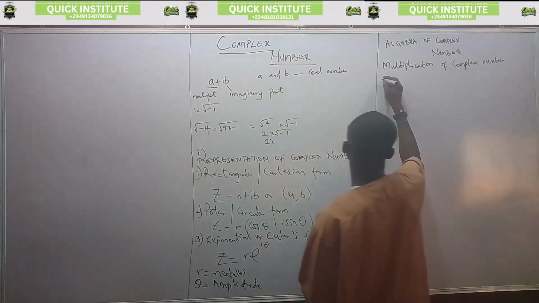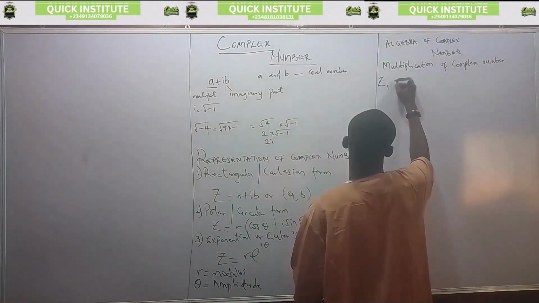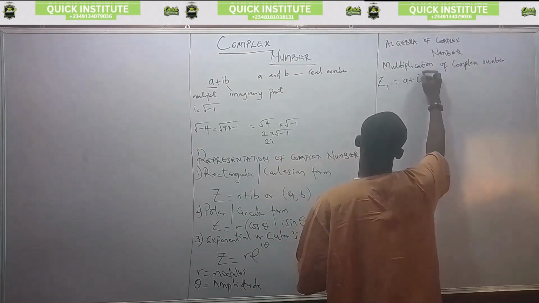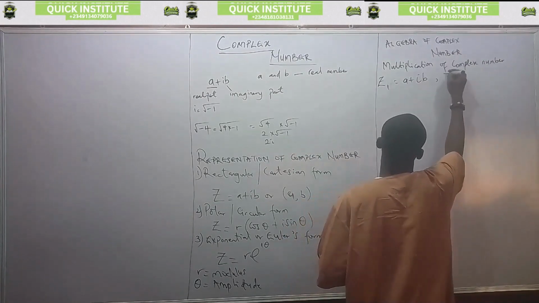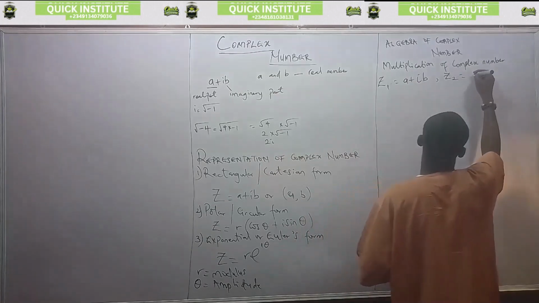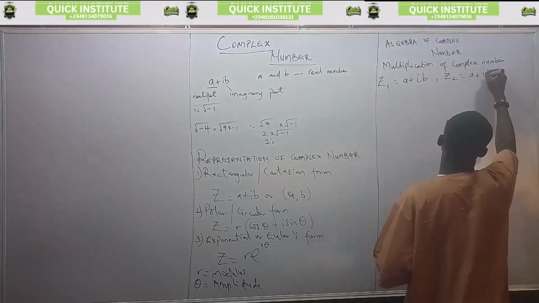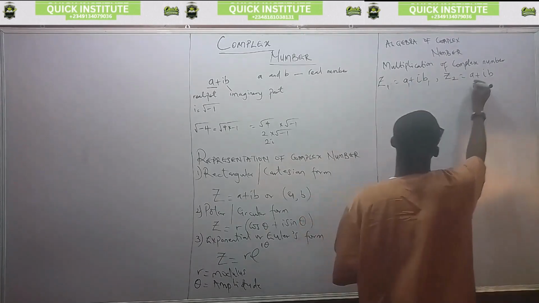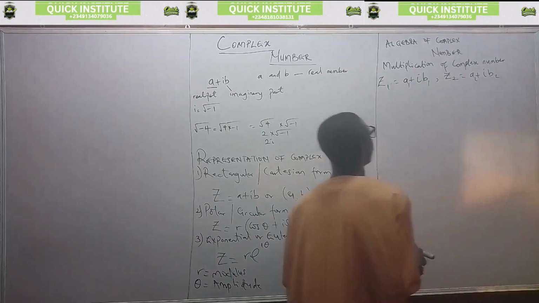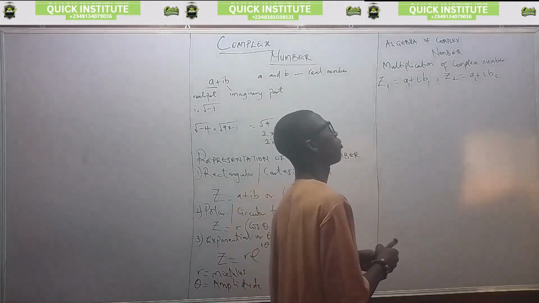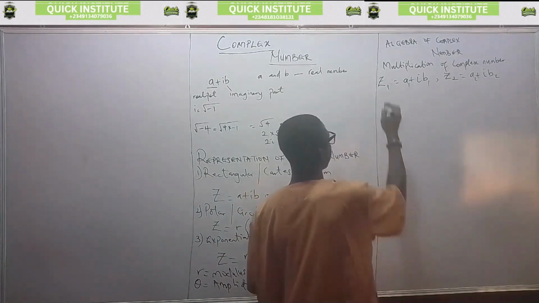Assuming you have z1 to be a plus ib1, and z2 to be a2 plus ib2, where it will be a1 b1 a2 b2.